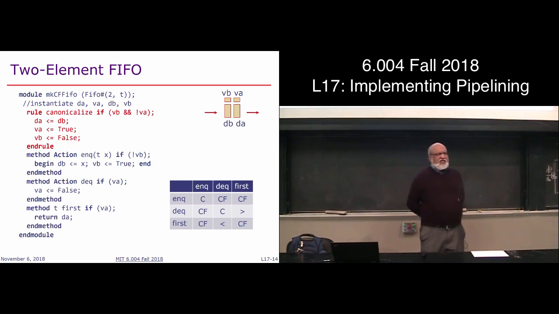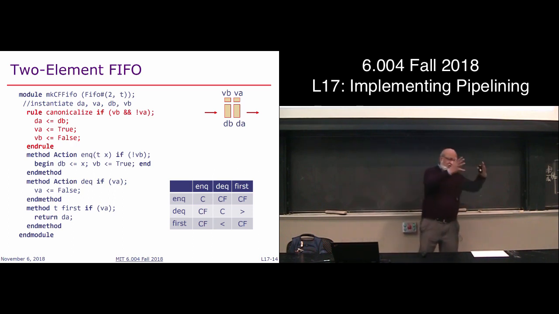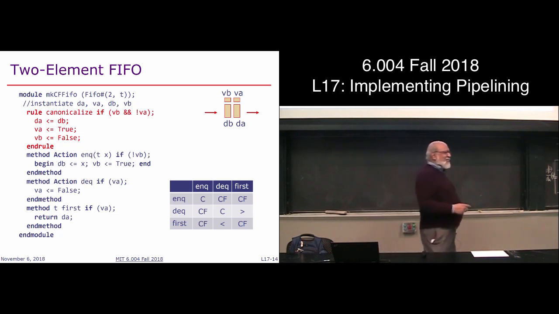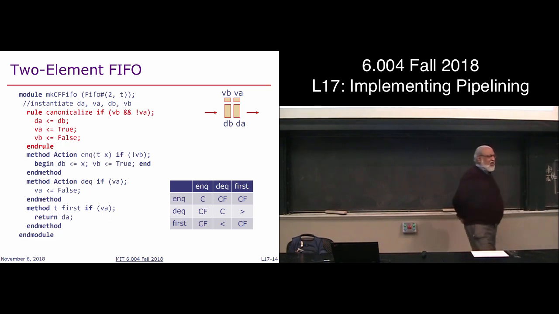If you just look at it blindly without understanding the functionality, there is no sharing of variables between NQ and DQ. NQ deals with this slot, DQ deals with this slot. So not surprisingly, it's all conflict free. Same thing is true with first. We are making progress. What that means is I can use this FIFO in my example I showed you earlier where I was trying to build a pipeline FIFO.